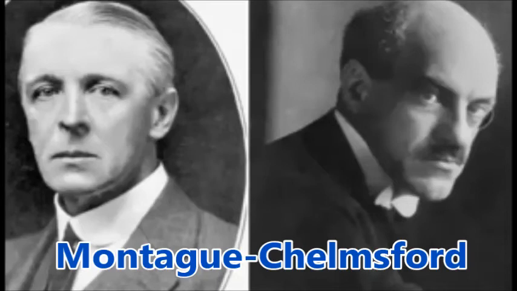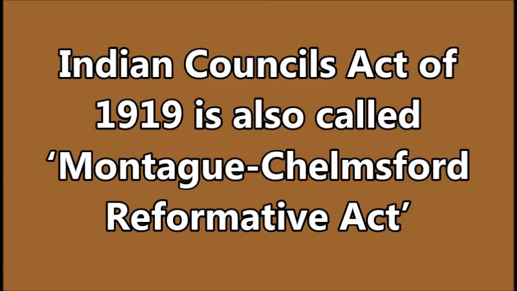Lord Chelmsford, who was the Viceroy then, declared various reformative measures to the British Parliament on 28, 1917. The Indian Councils Act of 1919 was formulated by accepting this report. This act is also called Montague-Chelmsford Reformative Act. The following are the important features of this act.